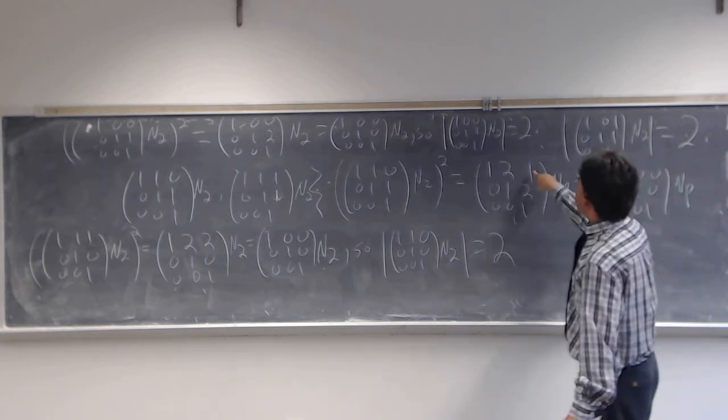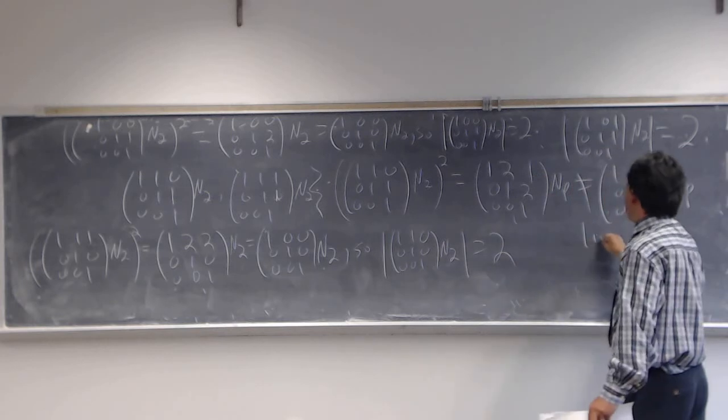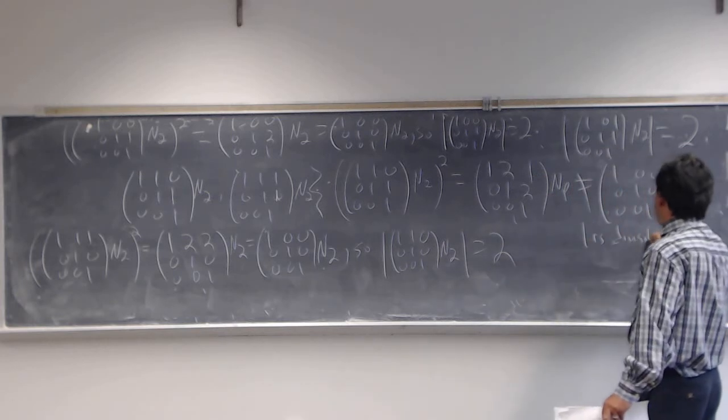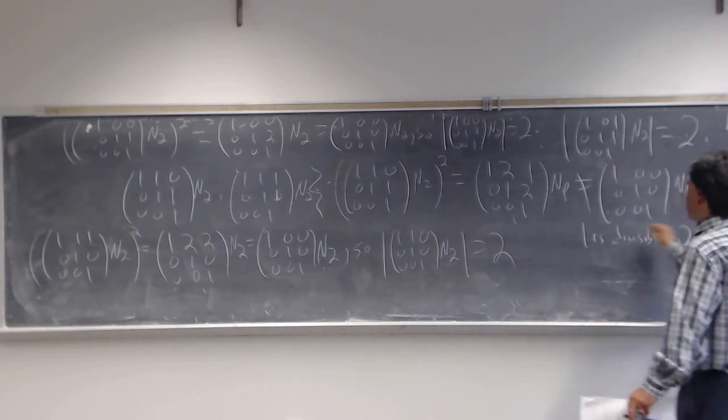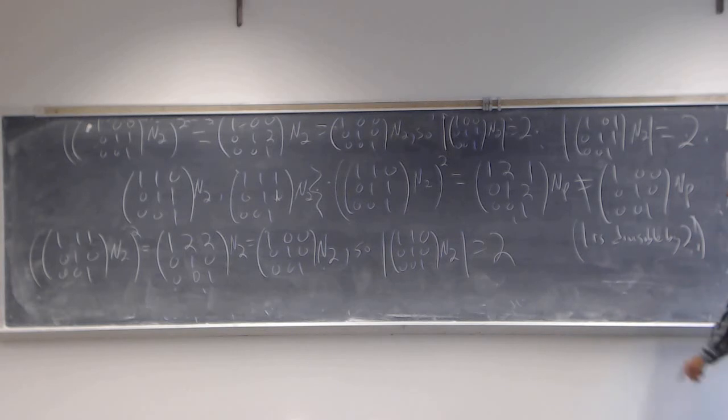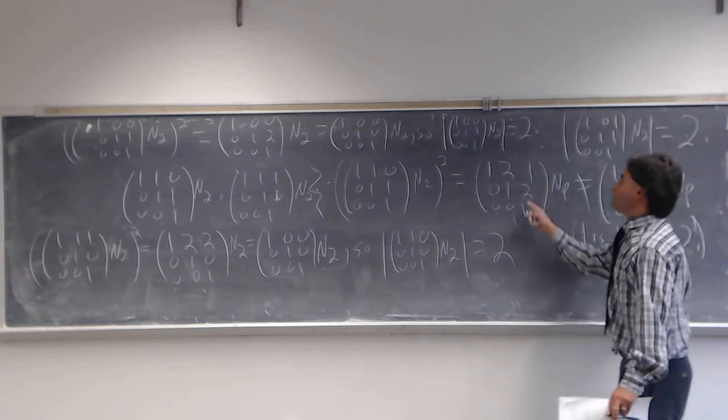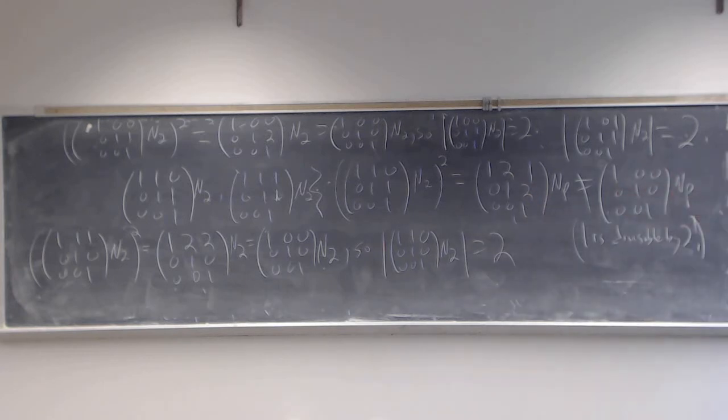Why? Because 1 is not divisible by 2. Remember, to qualify as membership in NP, you need all 3 of these entries to be divisible by 2. Certainly 0 is always divisible by 2, but 1 is not.